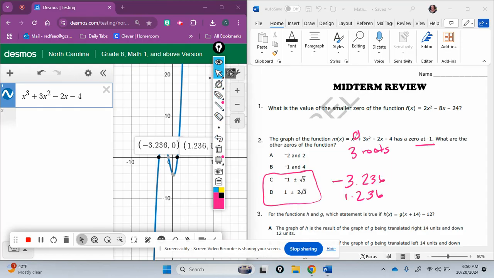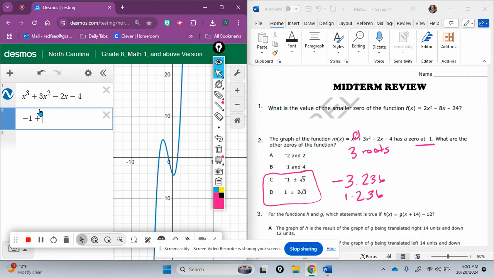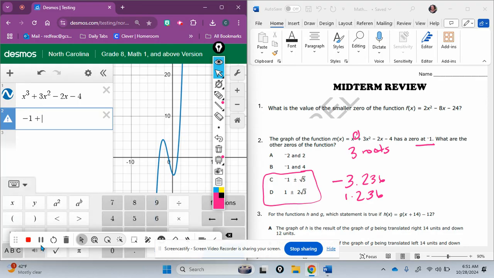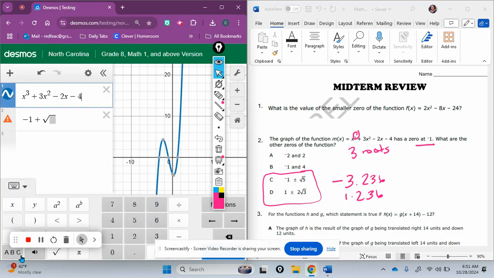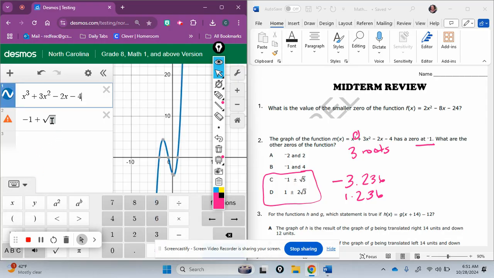And what we're going to do is type the answer choices into Desmos as decimals to see which ones match either one of these decimals. So if I do this here, I got -1, so I'm going to go -1 plus the square root of 5. And it gives me 1.236. Okay, so we already have half of the roots.